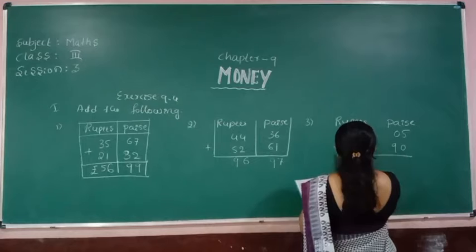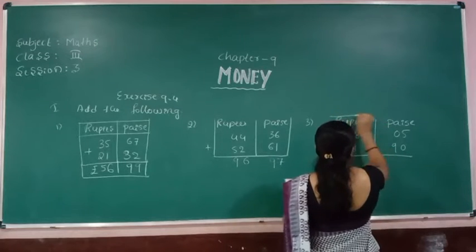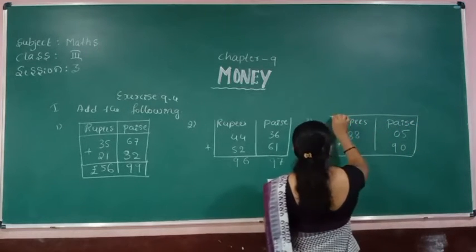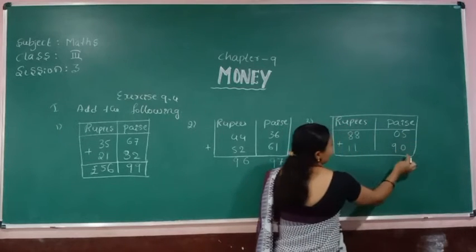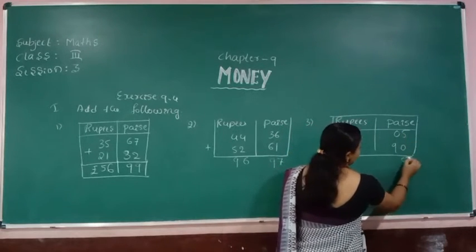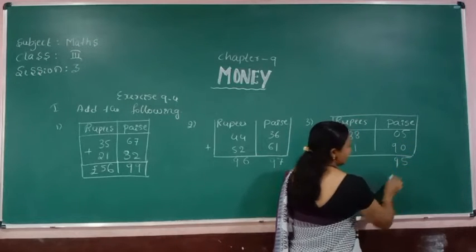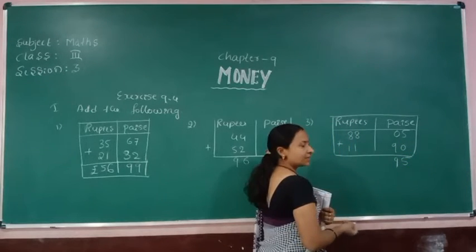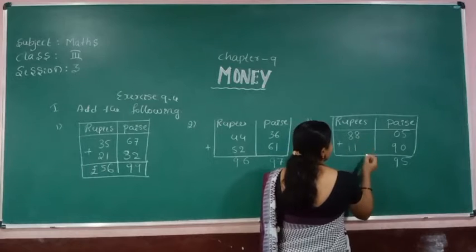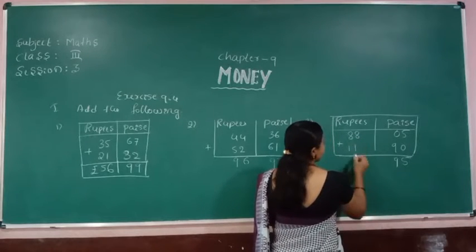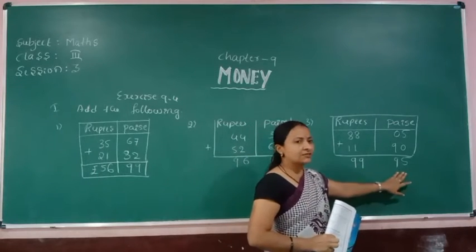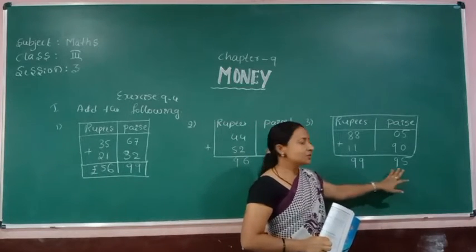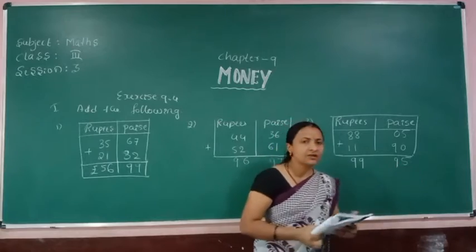Okay, so now we add these two. 5 plus 0 is 5, 0 plus 9 is 9, so 95 paise. The next one, 8 plus 1 is 9, 8 plus 1 is 9, so 99 rupees 95 paise. Understood? So 99 rupees 95 paise.